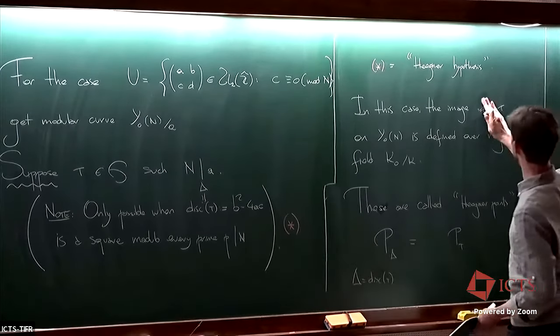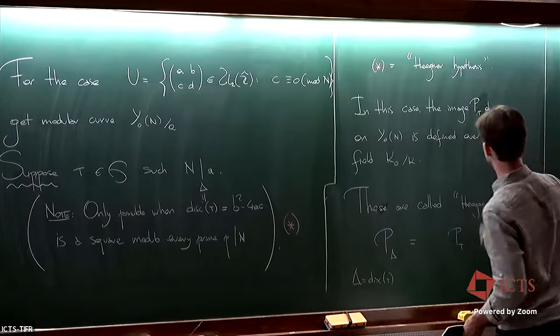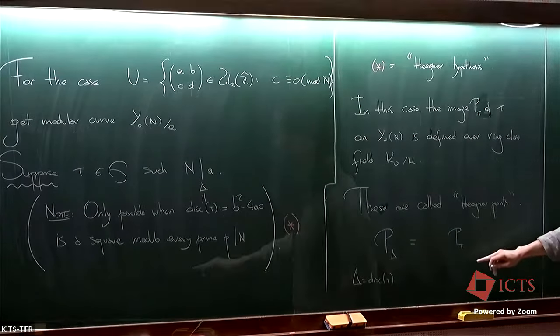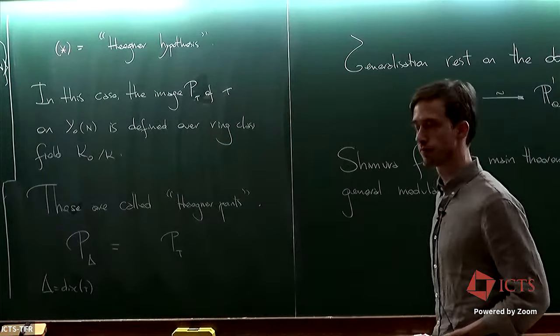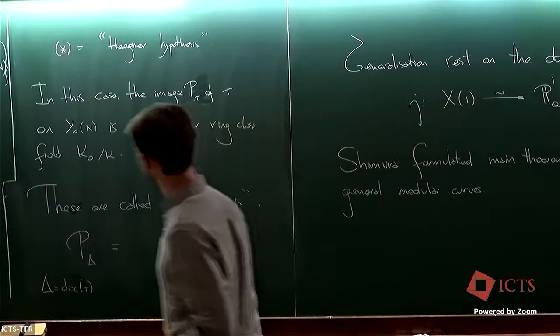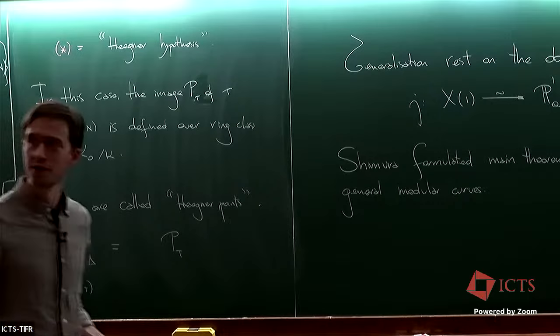So the image E tau of tau, that's defined, the coordinates of this thing are in K_O over K. Yeah? Now what I can do is I can view this by taking the cusp infinity, for example, as a divisor on the Jacobian. And on the Jacobian, it's still going to be a very nice point defined over K_O.